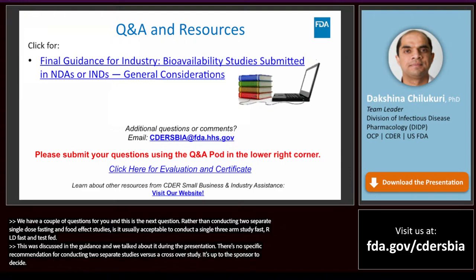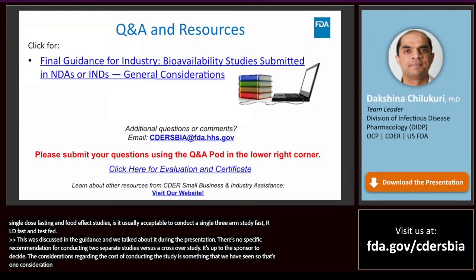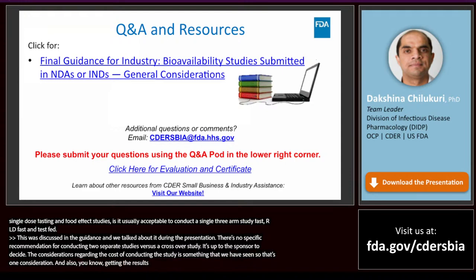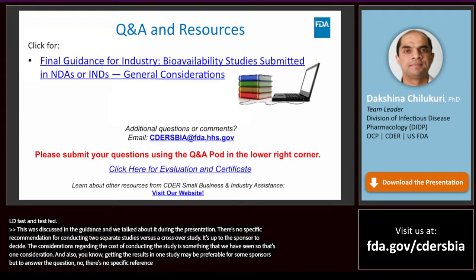Considerations regarding the cost of conducting a three-way crossover study versus two separate studies is something that we have seen. So that could be one consideration, and also getting the results in one study may be preferable for some sponsors. But to answer the question, no, there is no specific preference. It's up to the sponsors how they want to approach this.